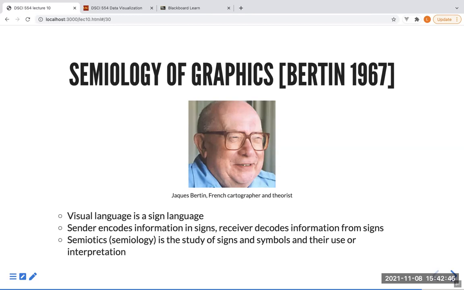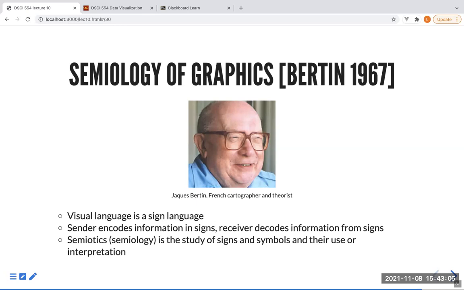And so the designer, you remember this picture that we've seen in the first class, encodes the information with a sign, and the user needs to decode the sign to understand the information.